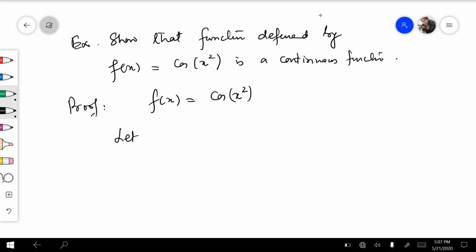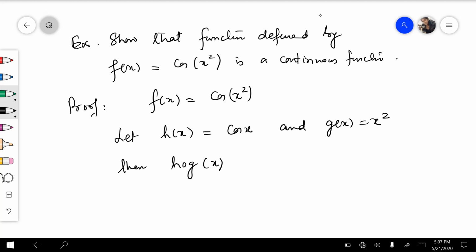I'm assuming that let h of x is equal to cos of x and g of x is equal to x square. Then h o g at x, that means the composition of g with h, will be equal to h of g of x, which will be equal to h of x square, and this equals to cos of x square, and this is nothing but the given function.